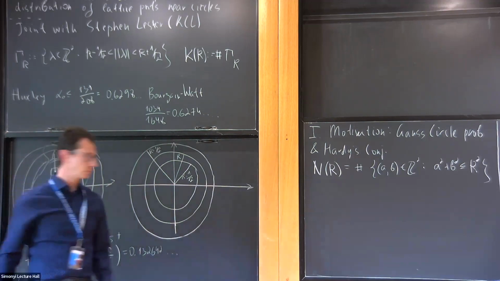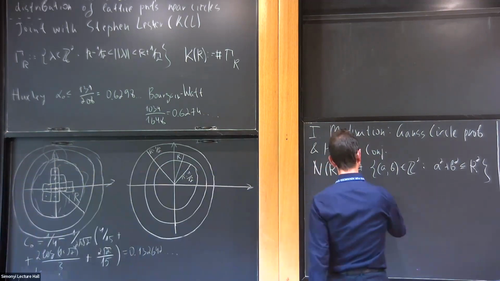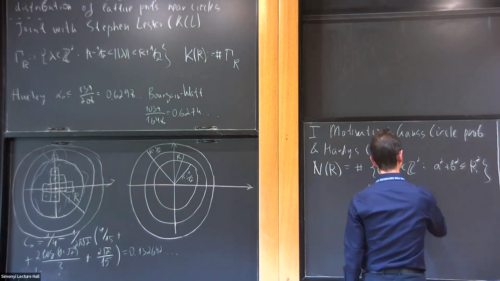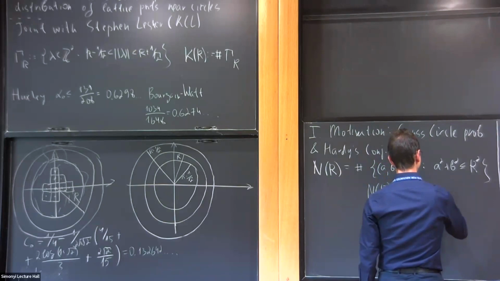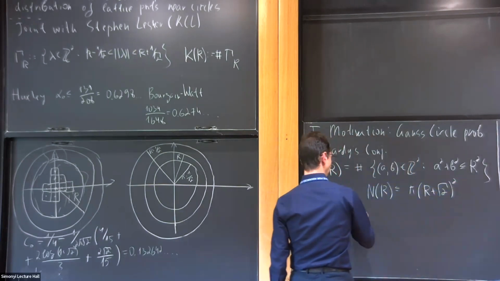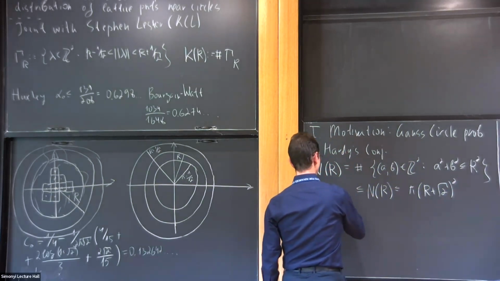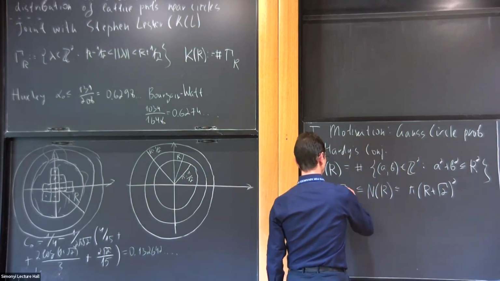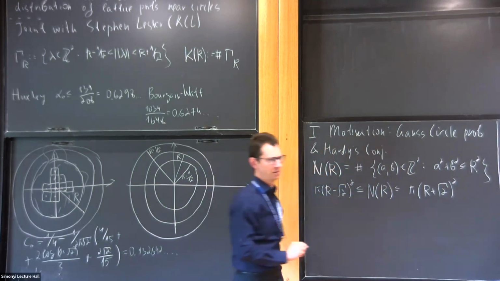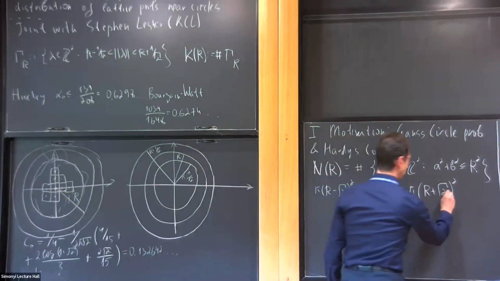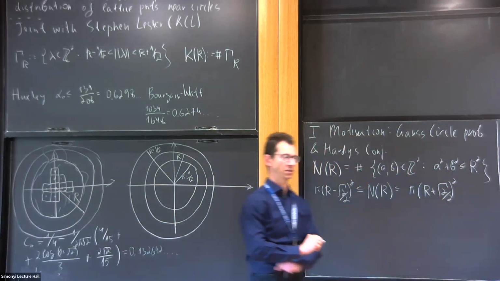So we can write that N(R) is smaller or equal than pi times (R plus square root of 2) squared, and greater or equal than pi times (R minus square root of 2) squared. In fact, we can even divide it by 2, because what matters here is the half diagonal.